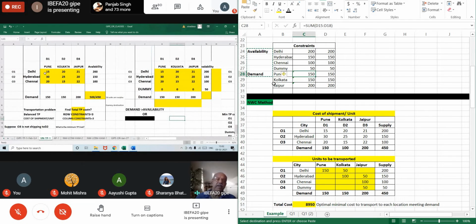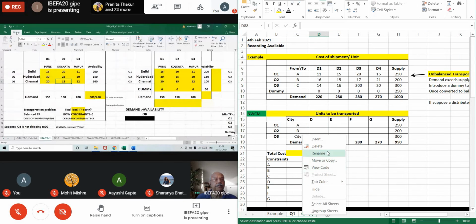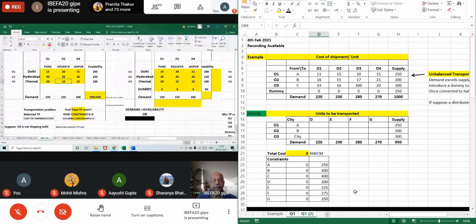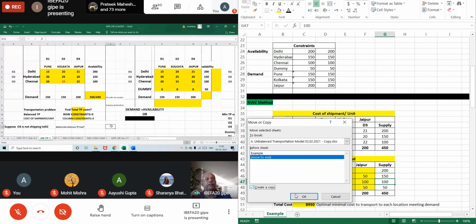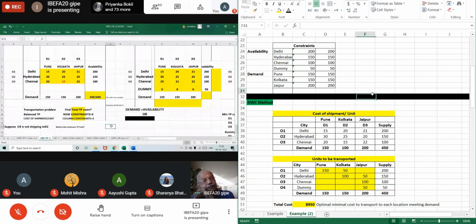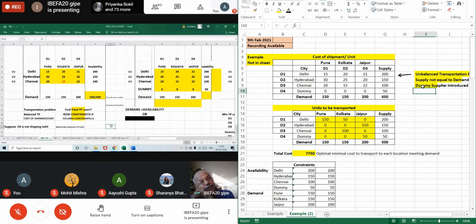I want to minimize the total transportation cost, but from O3, no shipment to D2. From O3, no shipment to D2. So I can apply northwest corner method, least cost entry method, VAM.